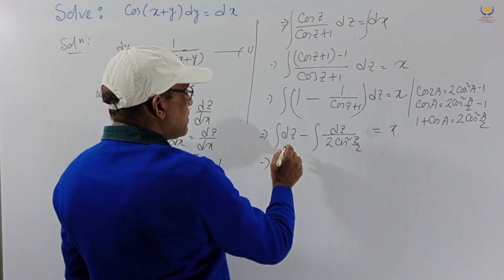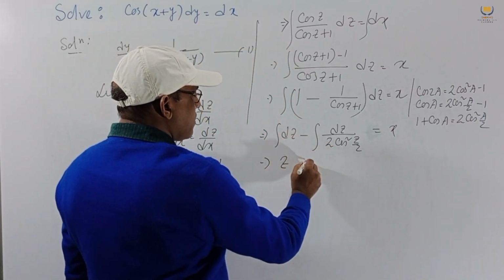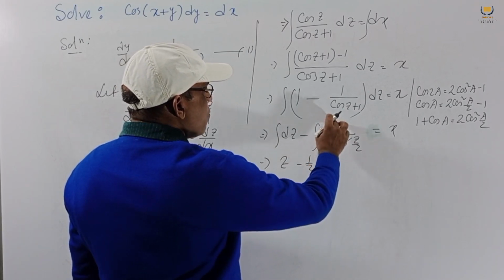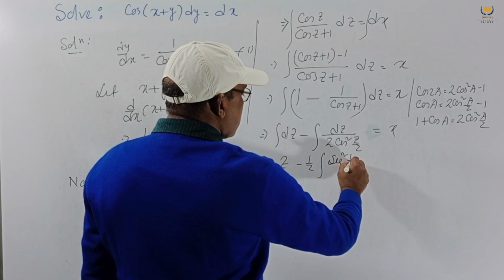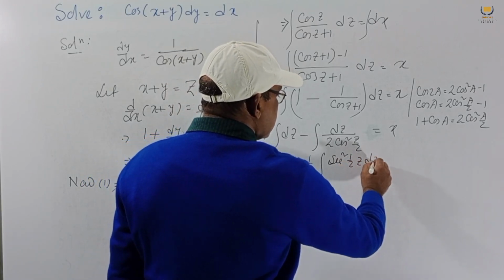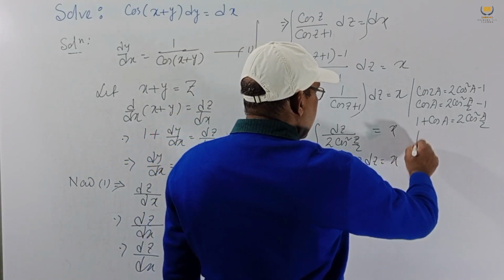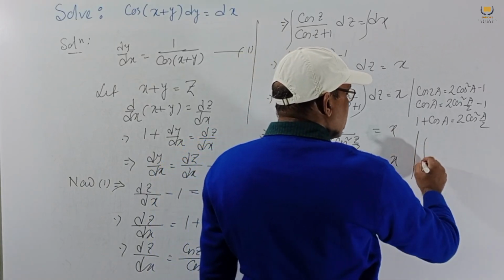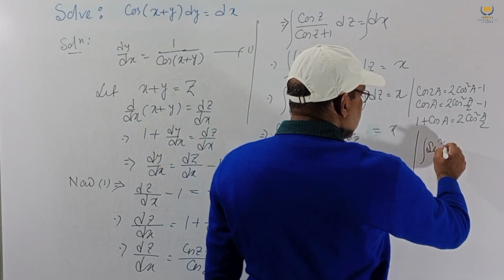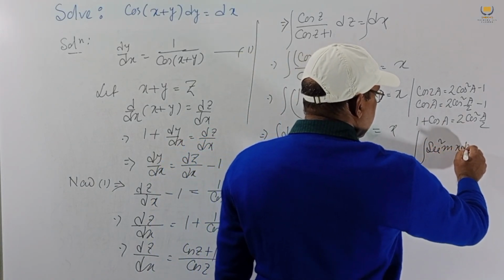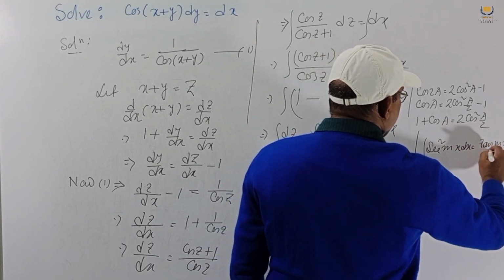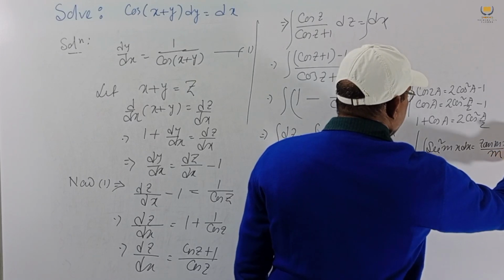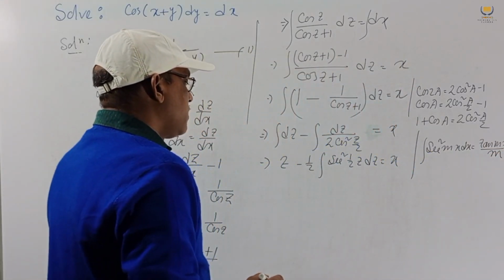And this one z, 1 by 2 remains same, 1 by cos square means sec square, 1 by 2 z dz equals x. Again you know this formula, integration of sec square mx dx equal to tan mx by m plus c.